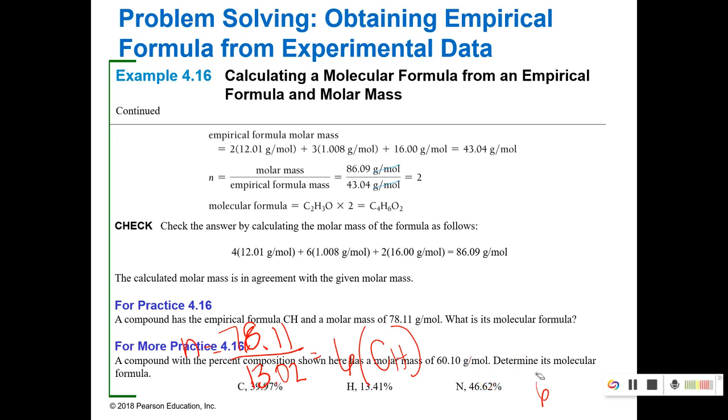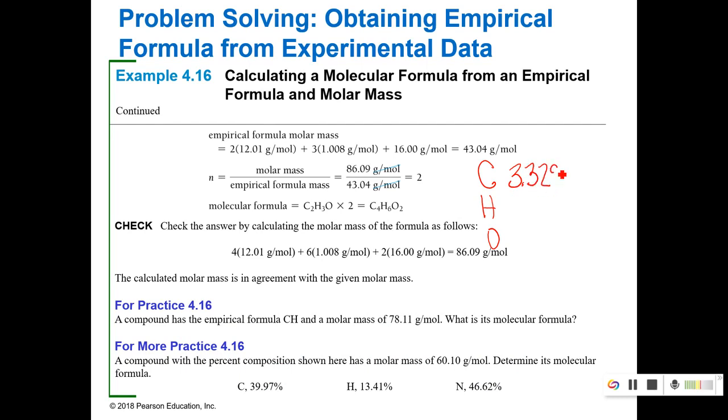Okay, this bottom one's a little different. Notice it wants you to find the empirical formula first. So I've got CHNO. I'm just going to write the moles down. These are the same steps as before, so 3.328, 13.277.